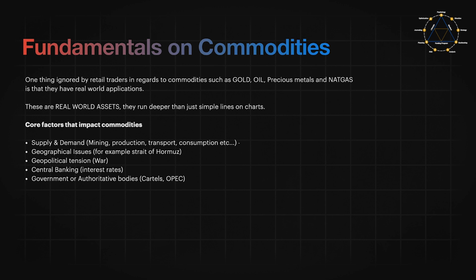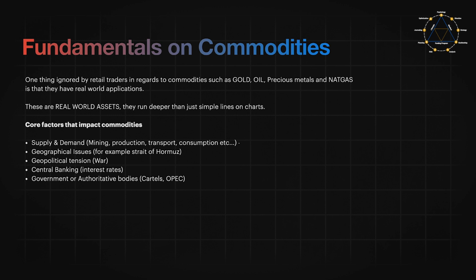Again, you can have central banking as well, which is interest rates. If interest rates go up, it's harder to get loans to do economic activity, and thus the price of these commodities would go down. On the flip side, if interest rates are down, economic activity goes up. More people are consuming, producing, and transporting. This would increase the price of the commodities.